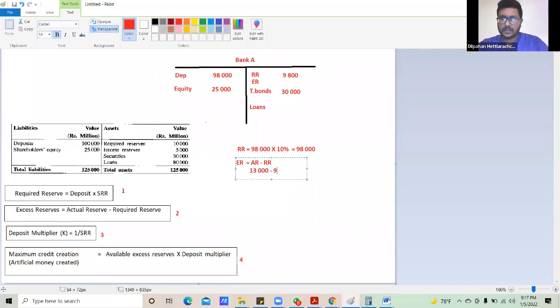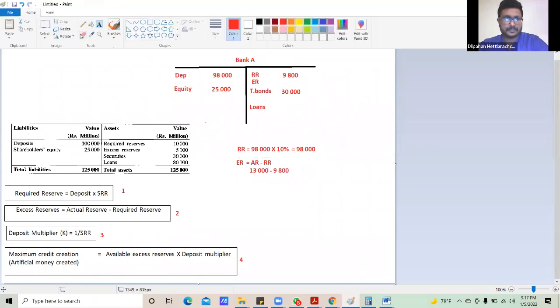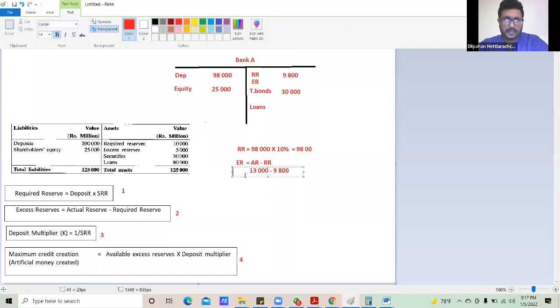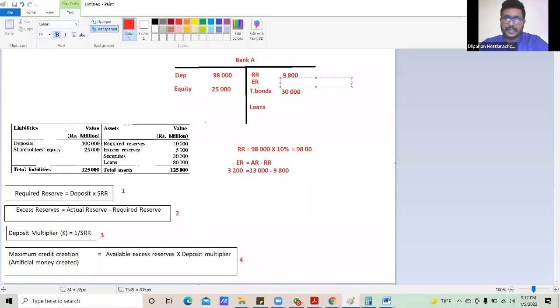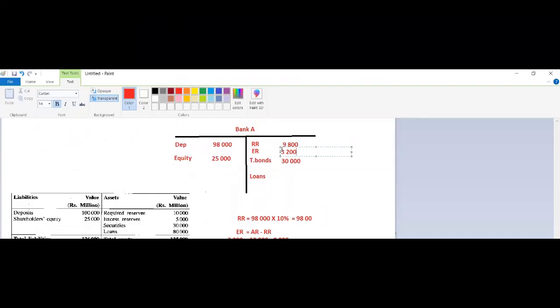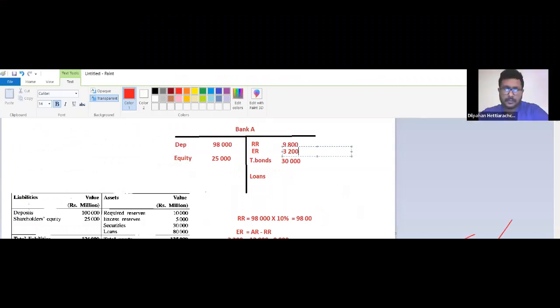Minus required reserves, now we calculated 9,800. So then we can get the answer for excess reserve. How much is the excess reserve? 13,000 minus 9,800. That would be 3,200. So excess reserve is 3,200. That is what we have to put over here.